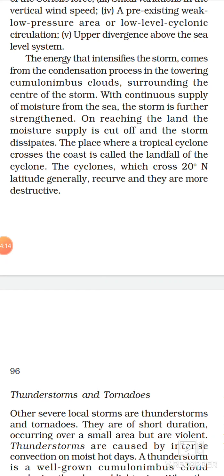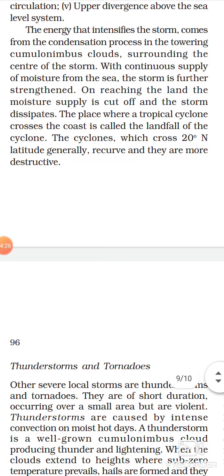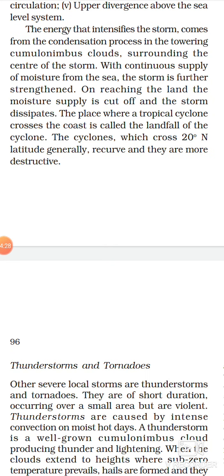The divergence means different kind of air being formed over the sea level system. There shouldn't exist any other kind of air. There should be a proper divergence, a proper location where proper space would be provided above the sea level system.